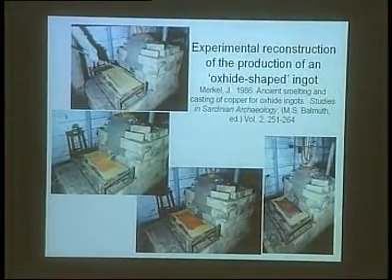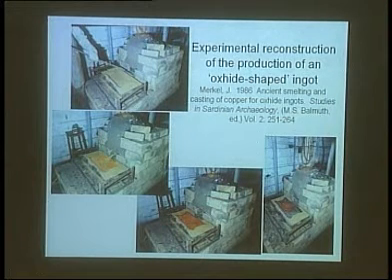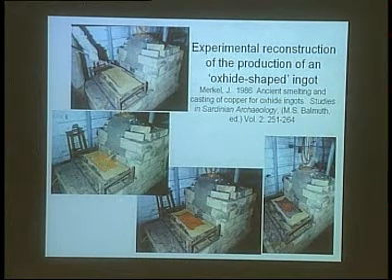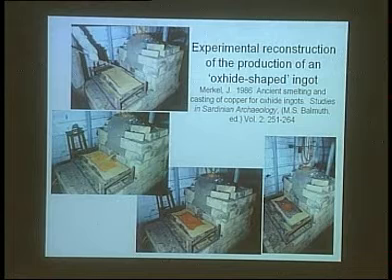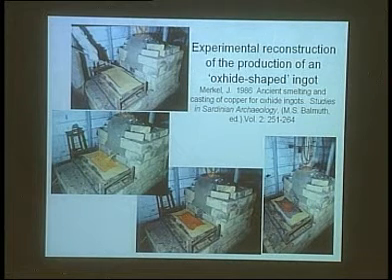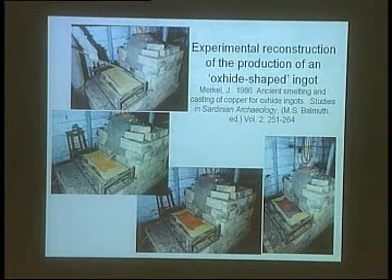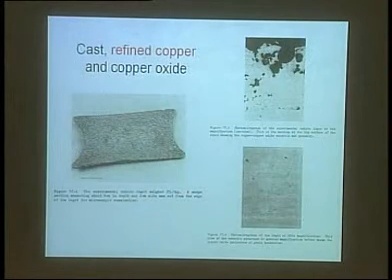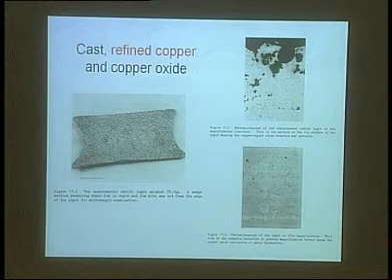Okay? So using the same type of furnace that we did for the smelting, it was very easy just recharging copper, 30 kilos, melting it with charcoal, and then casting it into a sand mold. And that's how we made the first of this series of ingots like this. This one's broken up and recycled several times.